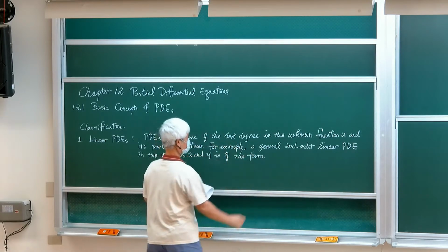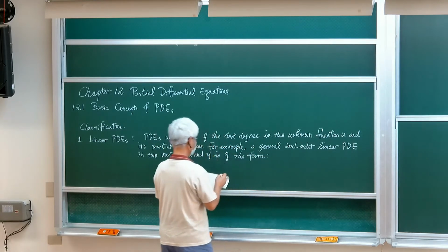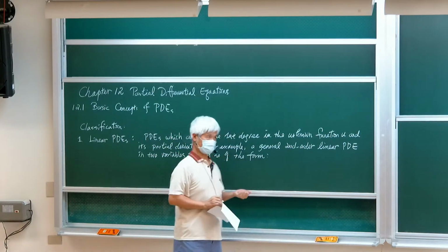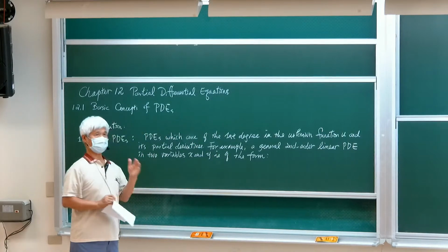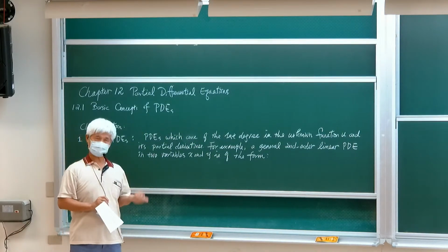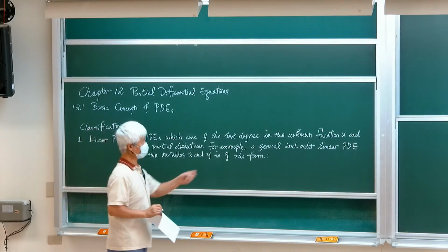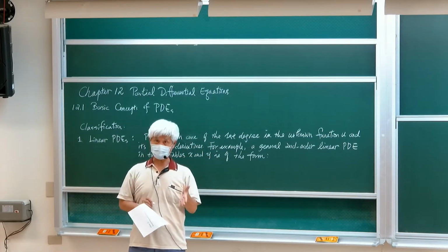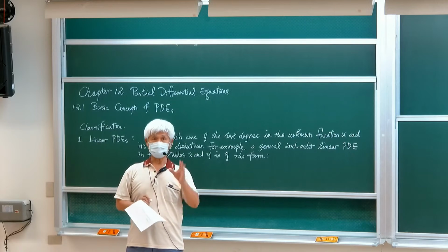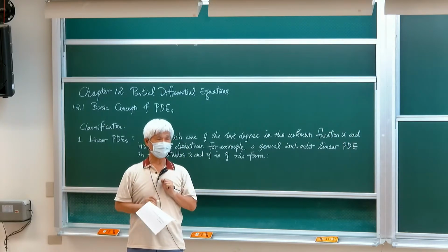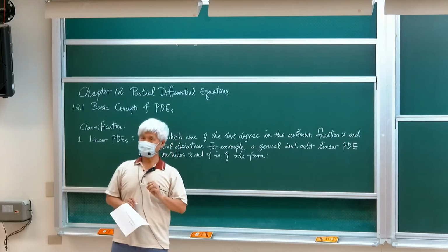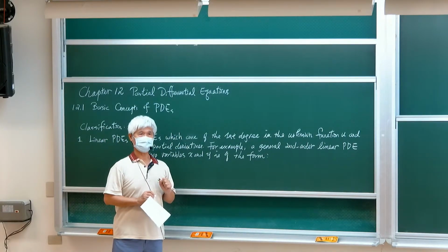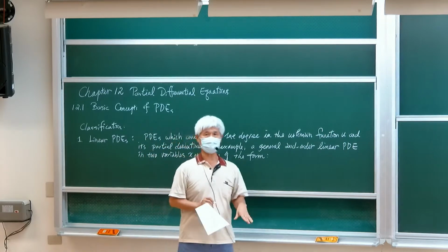So second order means that, because every partial derivative of a function has an order. For example, the unknown function u itself is of order 0. And the first partial derivative of a function would be called first order.